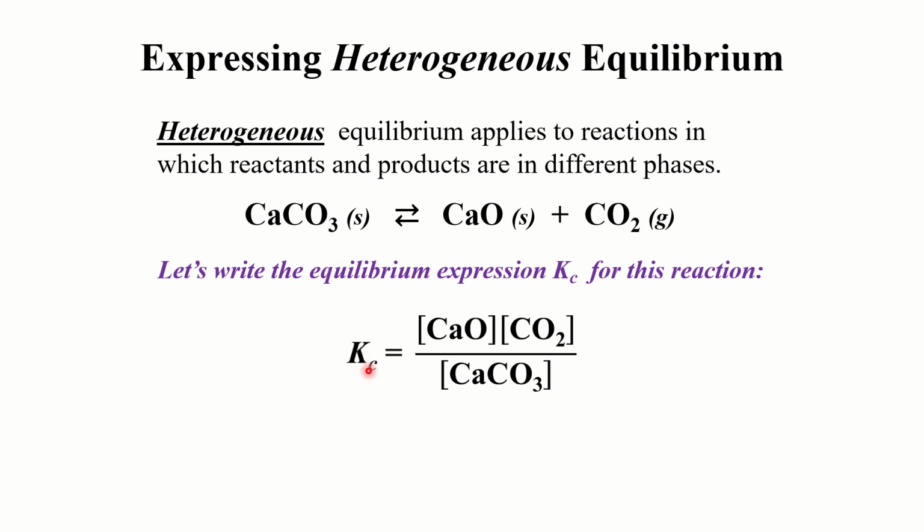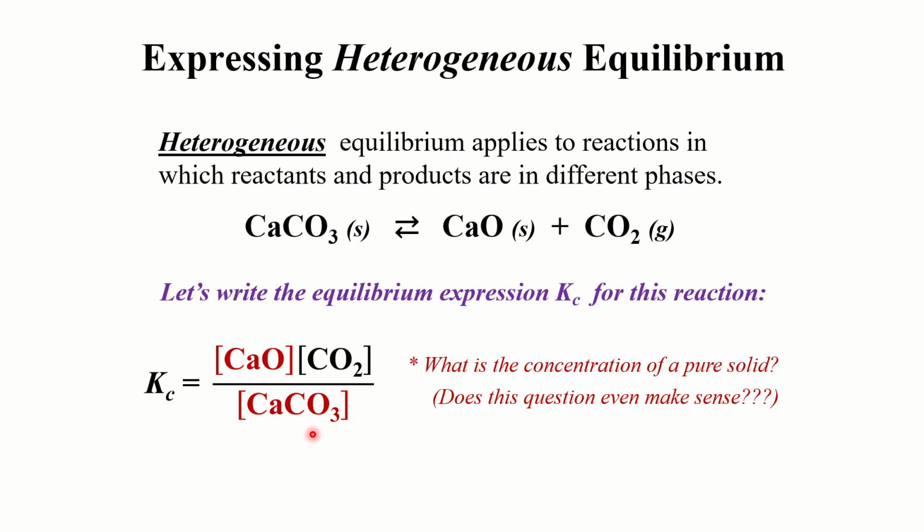So we would write Kc equals the concentration of CaO times the concentration of CO2 divided by the concentration of CaCO3. But we need to stop here and ask ourselves a question. What is the concentration of a pure solid? Does this even really make sense? Can a solid have a concentration?